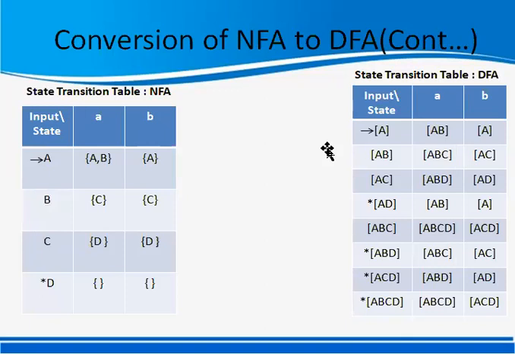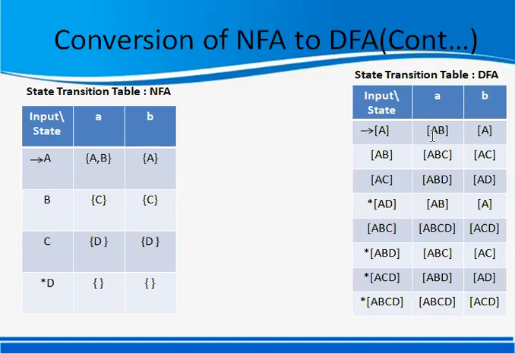So first we will start from the initial state A. So on input small a, here in the table of NFA we have two states, but in the case of DFA we cannot move to two different states on a single input.